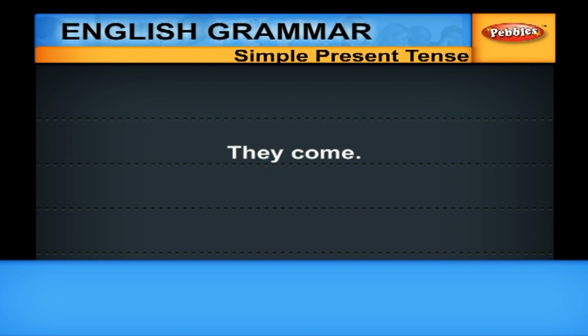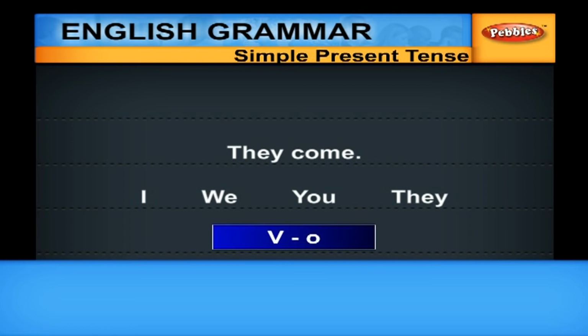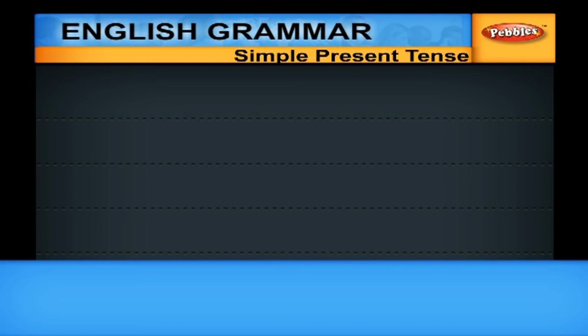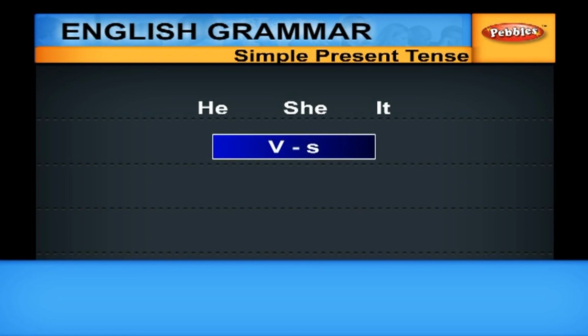In other words, we can say when we use I, we, you, they, we use the VO form. If the subject is third person singular, he, she, it, then you have to add S to the verb, VS form. He comes or Tom comes.